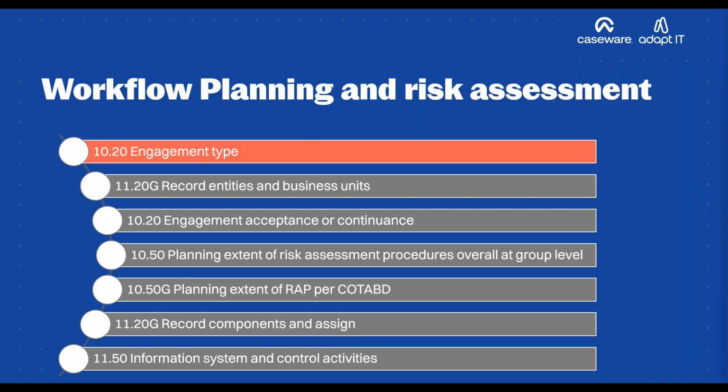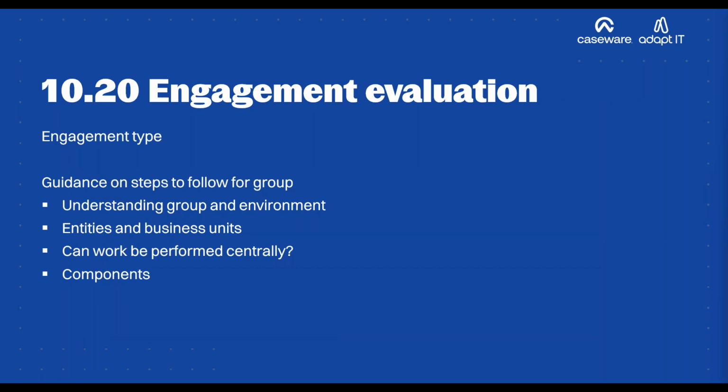All right, so that's just as background for you to understand why we are jumping back and forth in the planning stages. It's not just for no reason. There are very good reasons, and a lot of consideration was given as to what would be the user's preference, what would be compliant with ISA 600, etc. All right, so before we start jumping around, let's start with engagement evaluation.